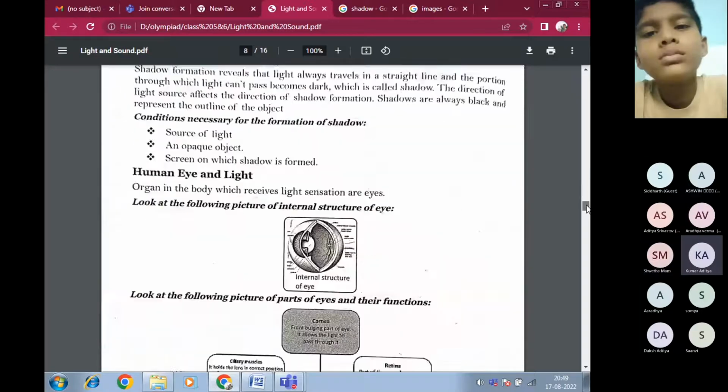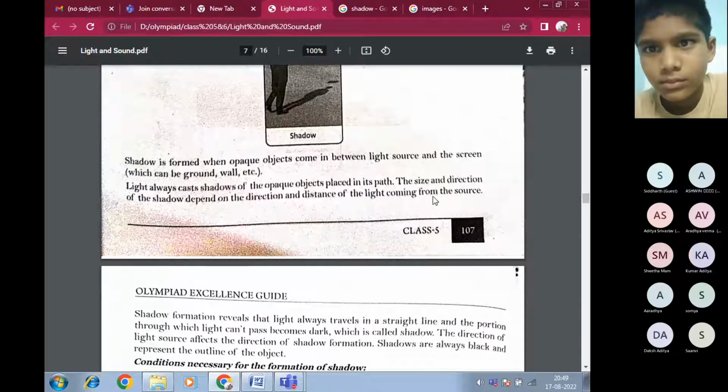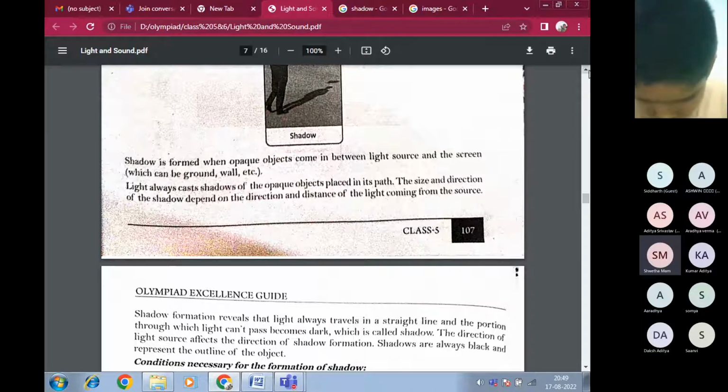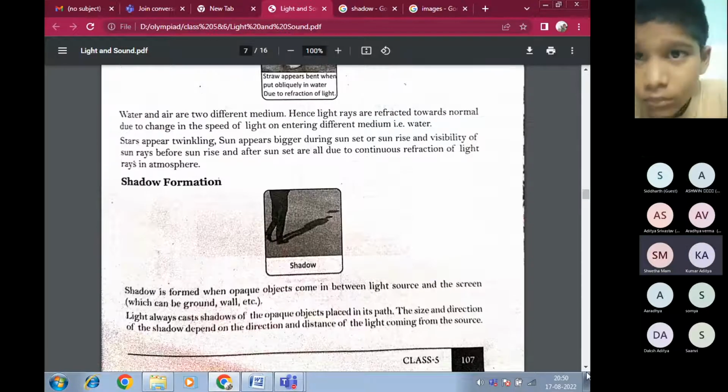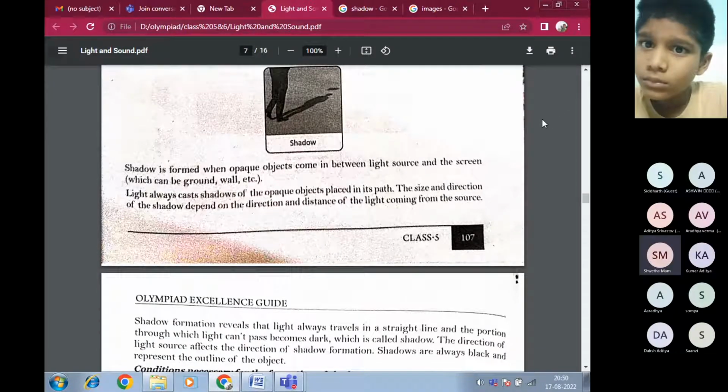Ma'am, today also you will write some notes? We'll see. You have all these things in your books, I think, right? No need to write so much of it. Ma'am, there is not much on shadow in my book. You want to write? Okay, wait. Okay, last 2 minutes I'll give you.